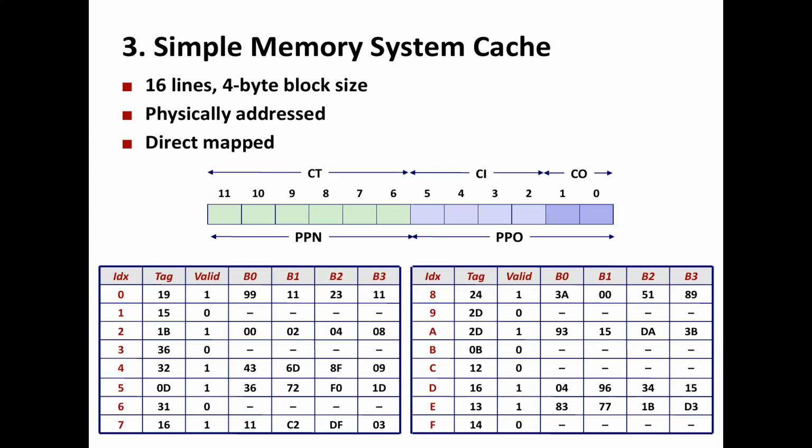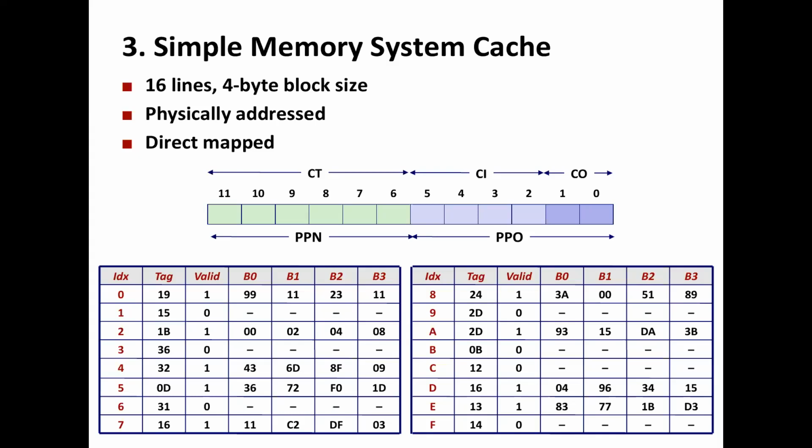So when we look at the cache offset, it's some information from the physical address that we will disregard when we try to locate the cache entry, because that just means an offset within this 4-byte block. You can fit 4 bytes, that means 2 to the power of 2 is 4 bytes.